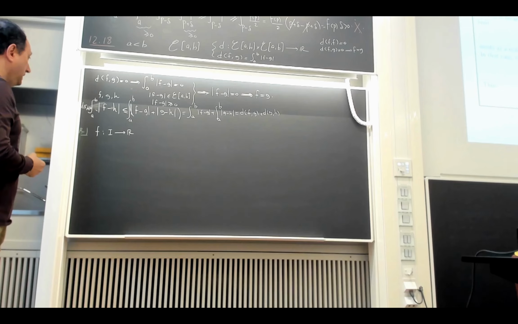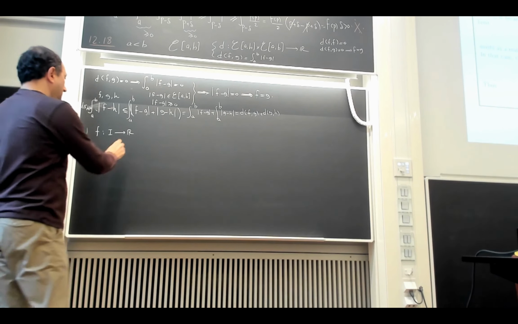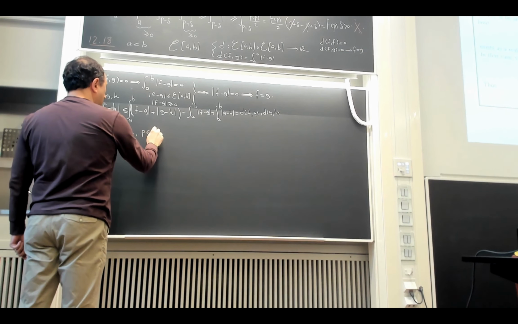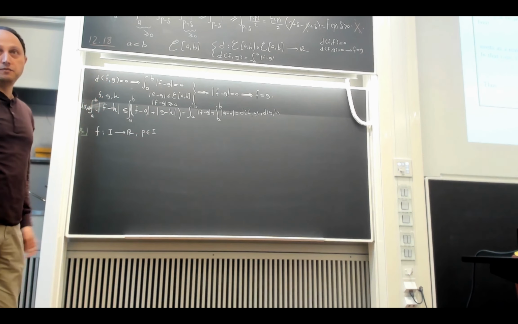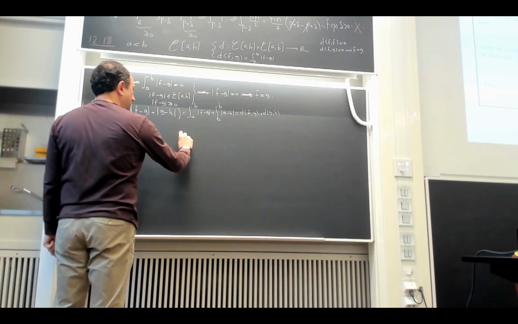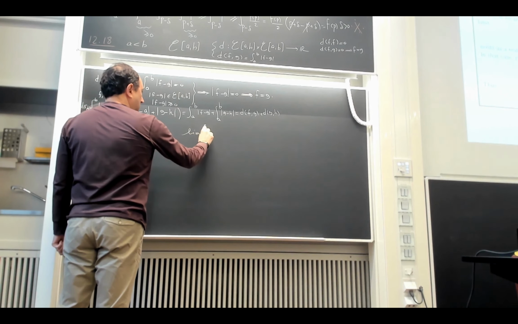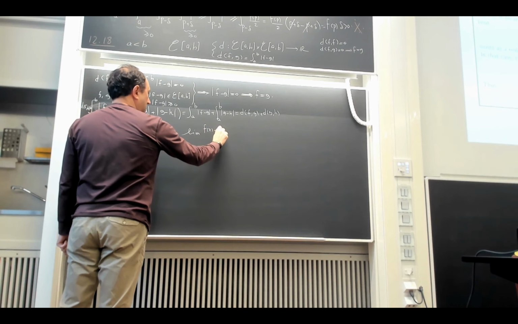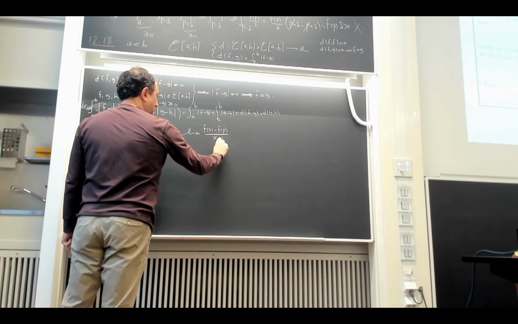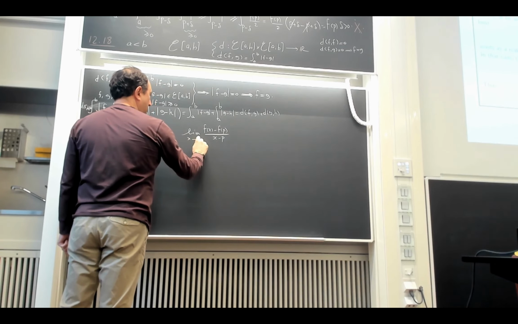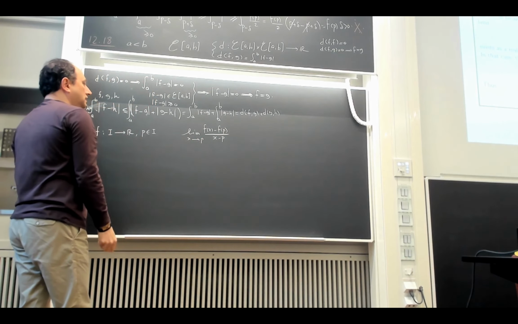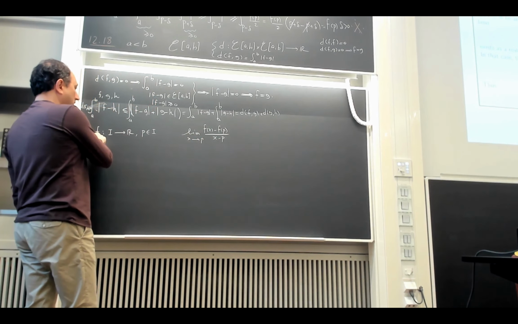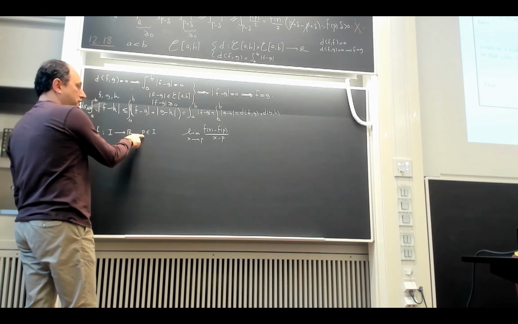Okay, so if we have this, and let us say that p belongs to this interval, I say that this function is differentiable at p if this limit as x goes to p exists. If this limit exists, we say that this function is differentiable at this point p.